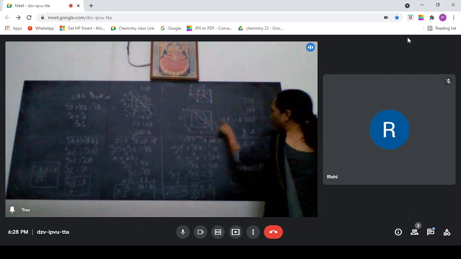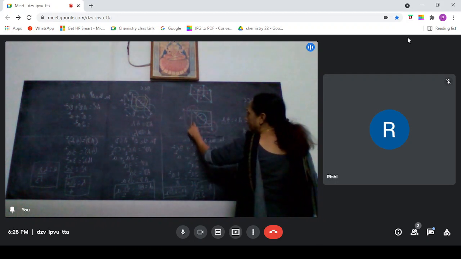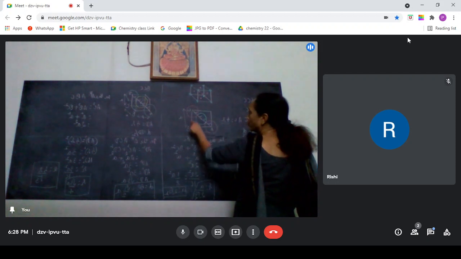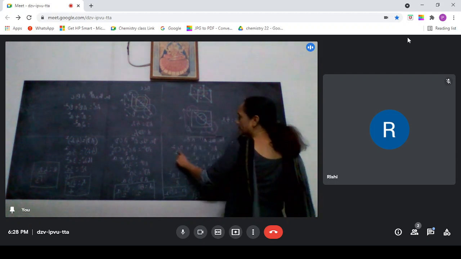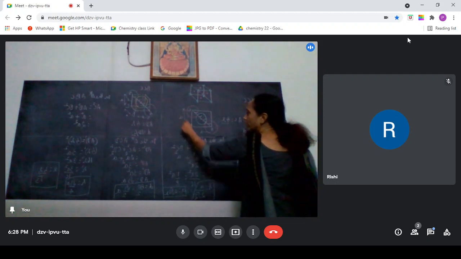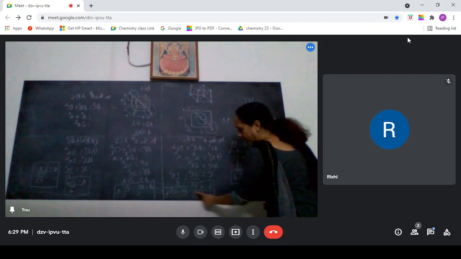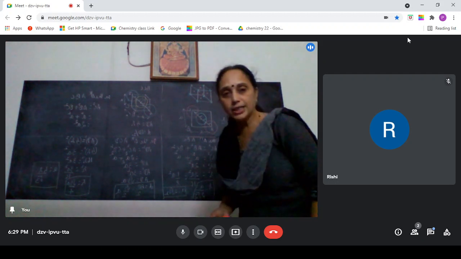AC is equal to 4R, R plus R plus R plus R. In the triangle ABC, AC is the hypotenuse, by Pythagoras theorem, AB square plus BC square. This is also A, this is also A. You get 2A square. By that you will get R is equal to A by 2 root 2. Understood, Rishi?